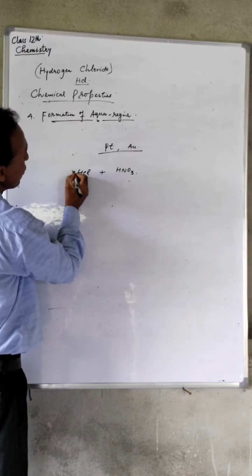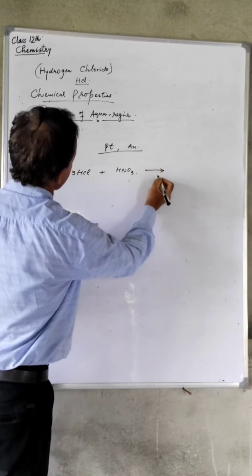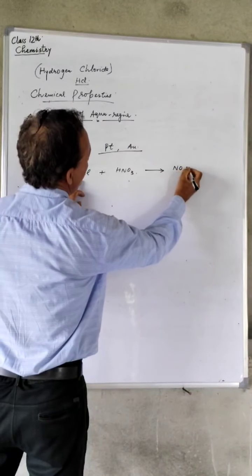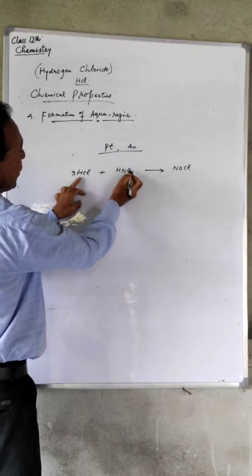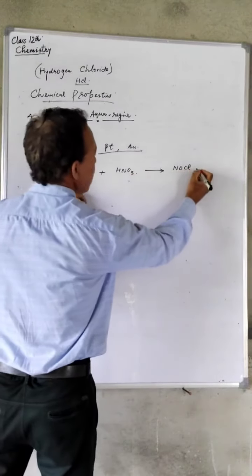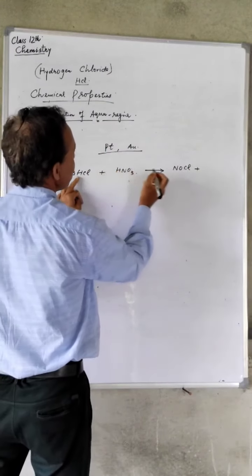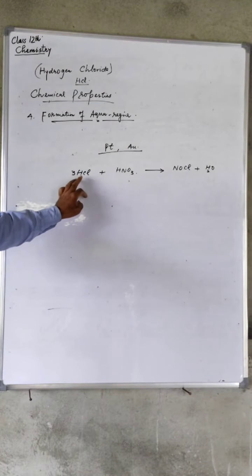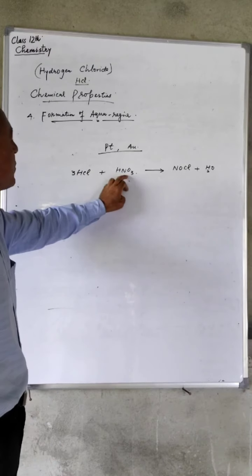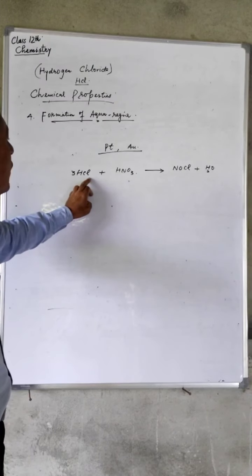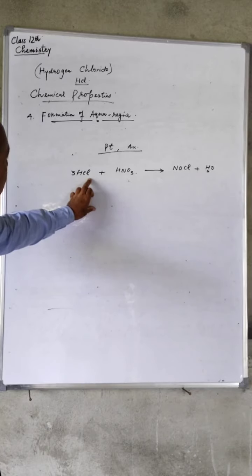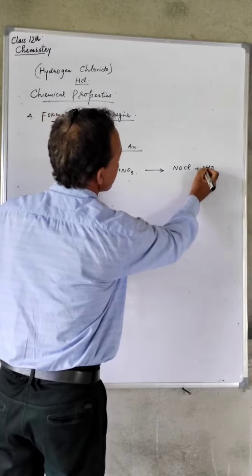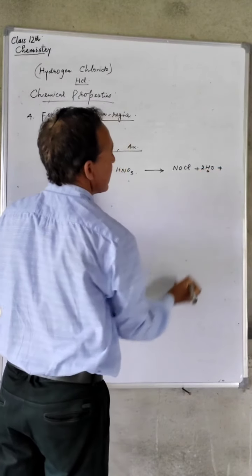When they react in the ratio of 3:1, they form NOCl plus water plus Cl.